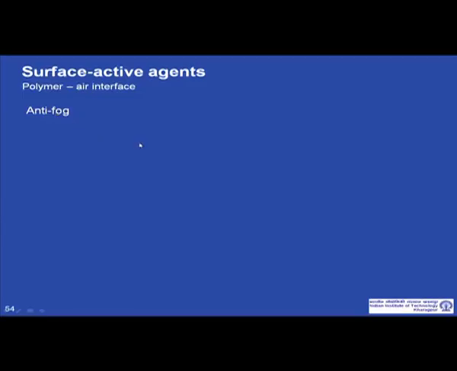Now, let us first talk about polymer additives which work at the polymer air interface. First, let us talk about antifogging agents.